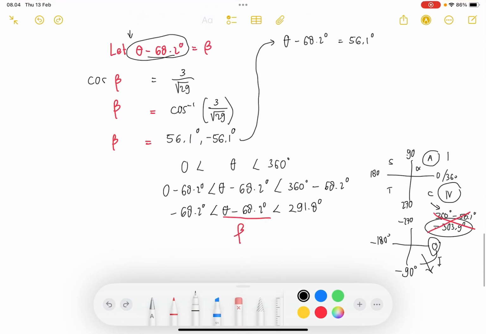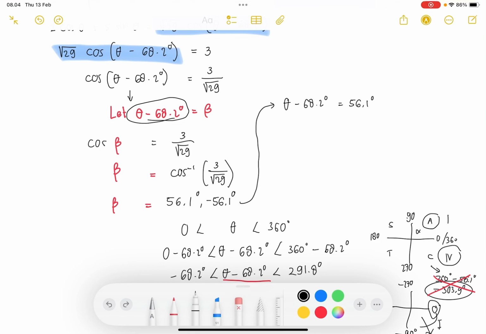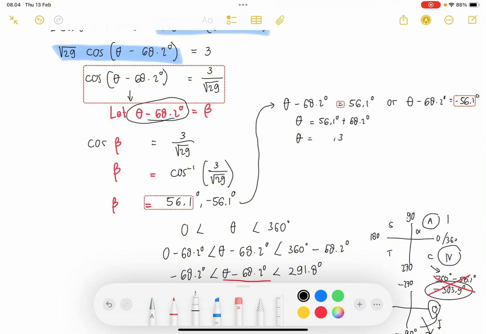So we will have 2 values of beta that we need to check. After we come up with those 2, we can find 2 values of theta also. For negative 56.1 degrees, theta becomes 56.1 degrees plus 68.2 degrees, which is 124.3 degrees.